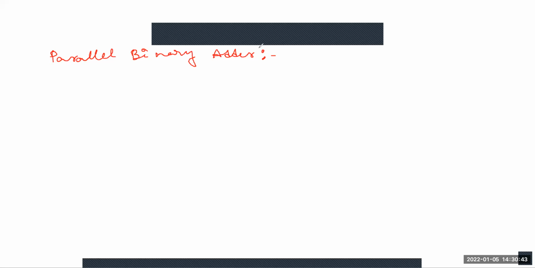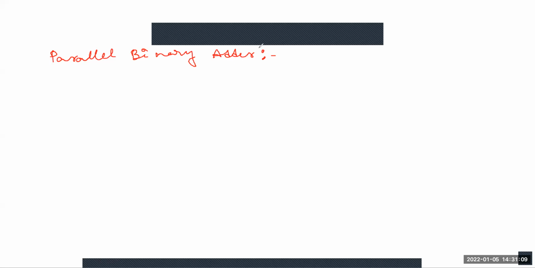Now if we want to add a binary number which has multiple bits in it, that is not possible with the help of half adder and full adder. In such a case we need to use the parallel adder. That's why we will now study what is the parallel adder.